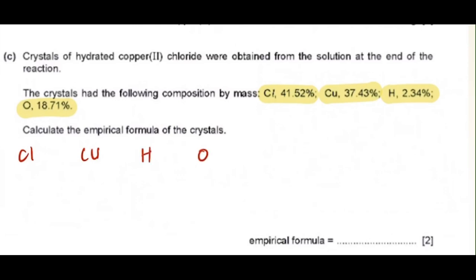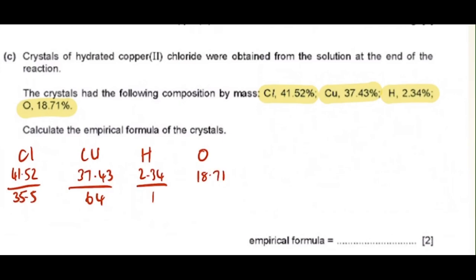We do 41.52 over 35.5, because that's the atomic mass of chlorine. We do 37.43 over 64, which is copper. We do 2.34 over 1, and 18.71 over 16. And now we'll do those sums to get our number of moles.